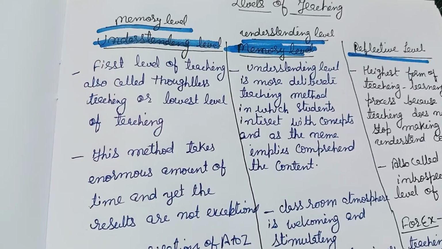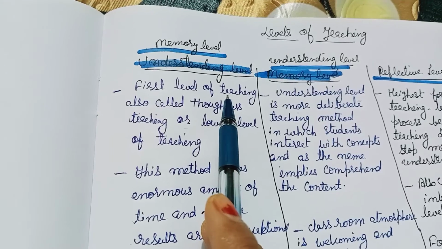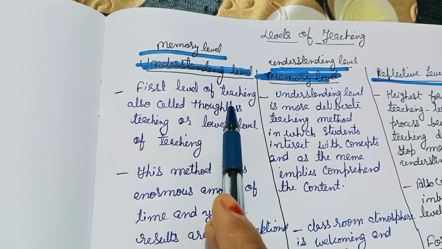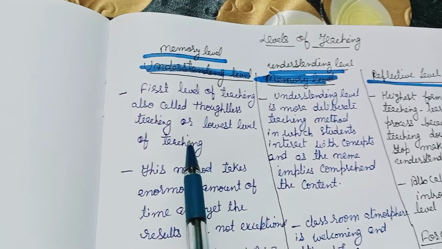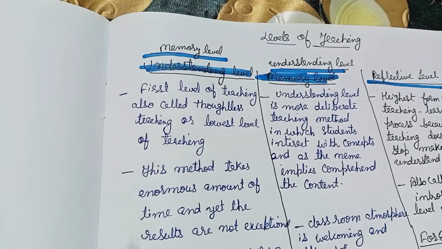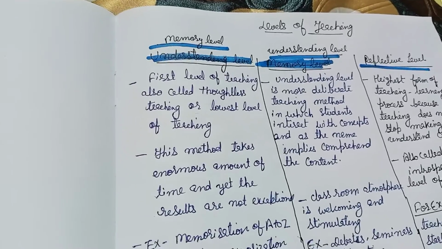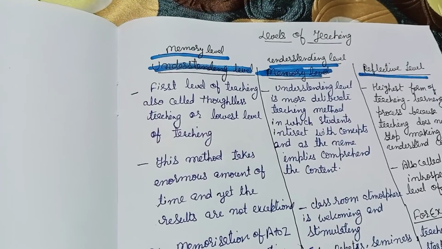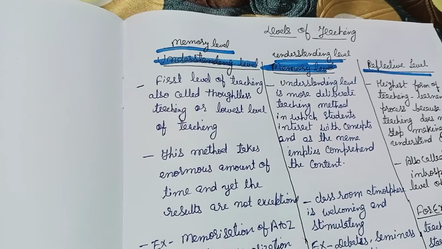One by one. Memory level. The first level of teaching is called memory level teaching. It is also called thoughtless teaching or lowest teaching because this teaching method is suitable for the lower classes and it is a basic level, fundamental level of teaching.